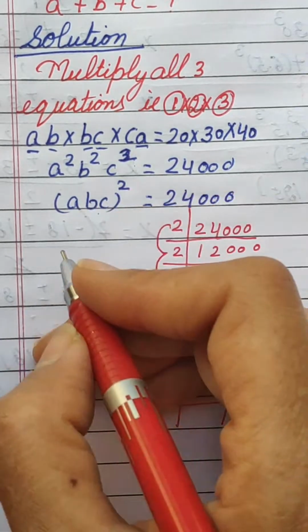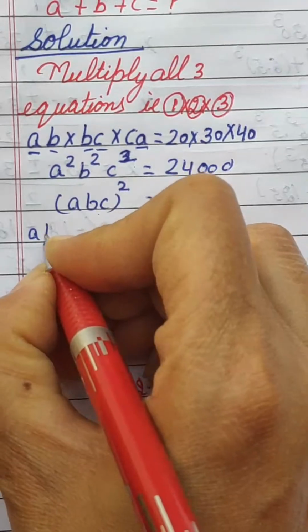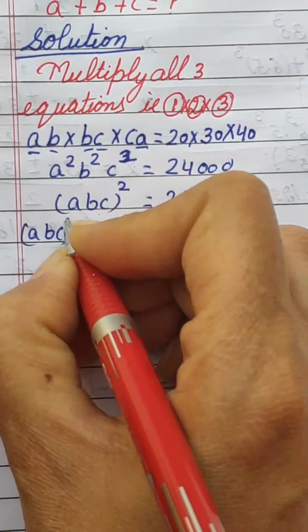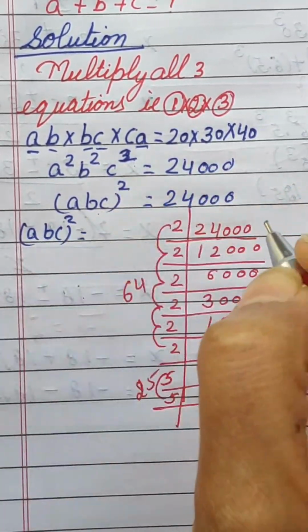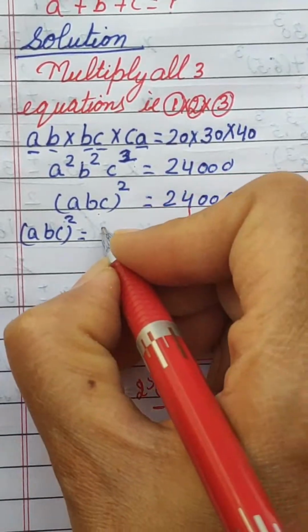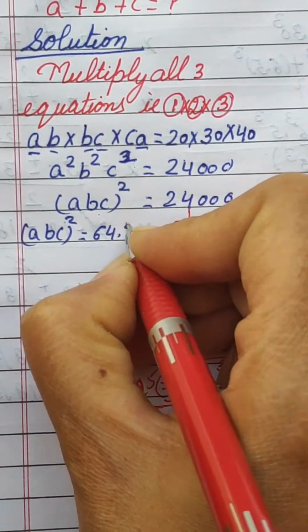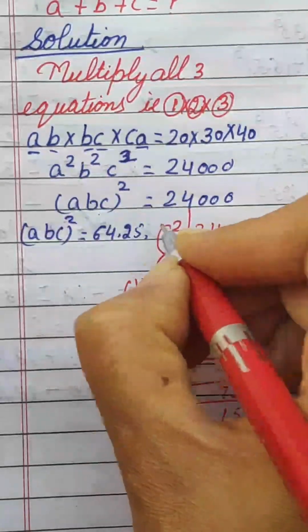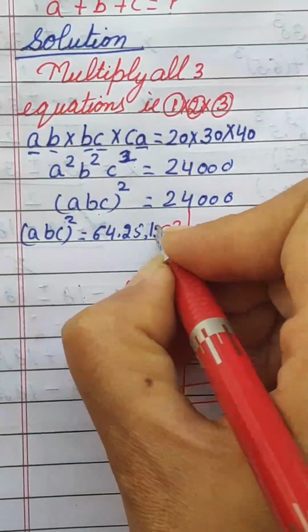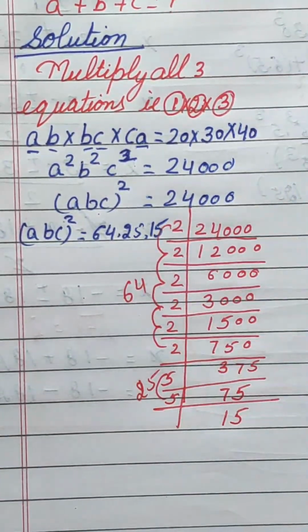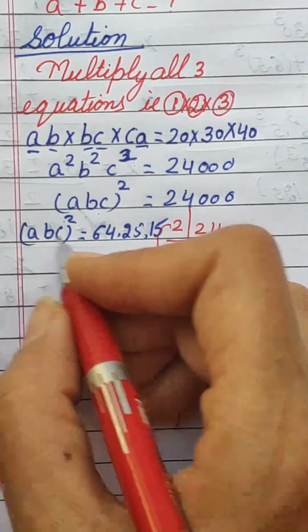So now here (A, B, C) to the power 2. Here we can write 64 into 25 into 15, right? So now I'll take the square root on both sides.